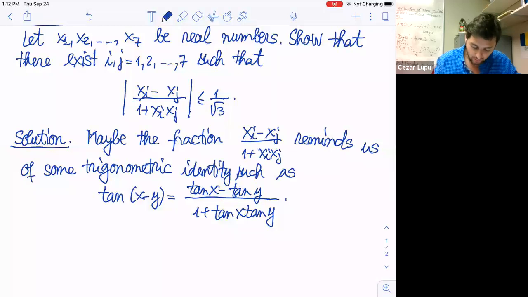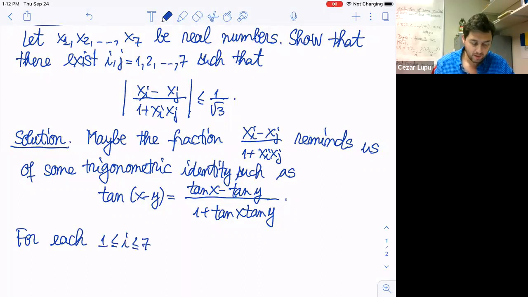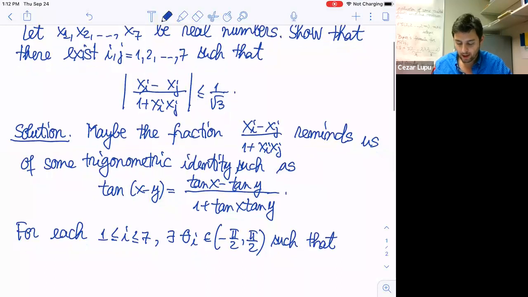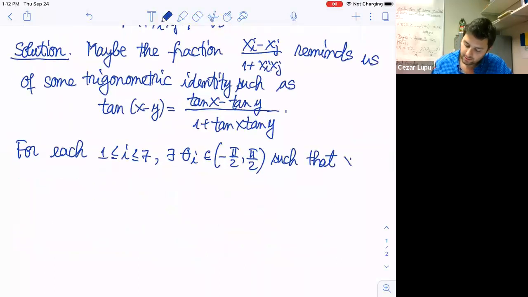For each i between 1 and 7, there exists a theta i, right? So we're trying to make this correspondence from the interval negative pi over 2, pi over 2, such that xi is tangent of theta i, right?